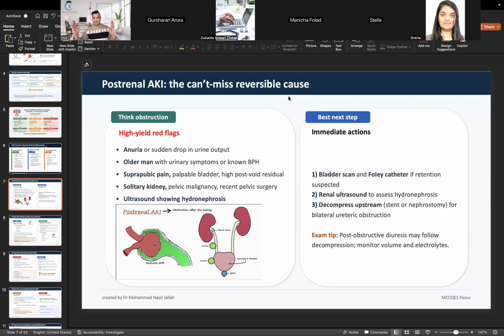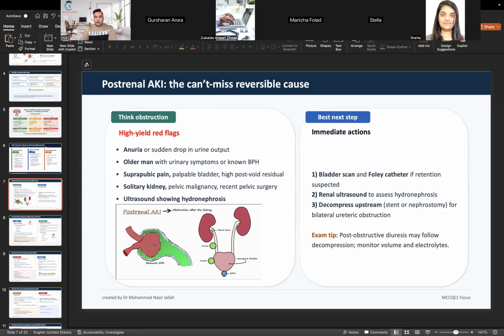For post-renal acute kidney injury, when you start decompressing, for example, as soon as you place the Foley catheter or start the nephrostomy, the patient will start improving and the creatinine will start to normalize, as opposed to renal. Renal will improve, but it takes time. It's not as rapid as pre-renal and post-renal.